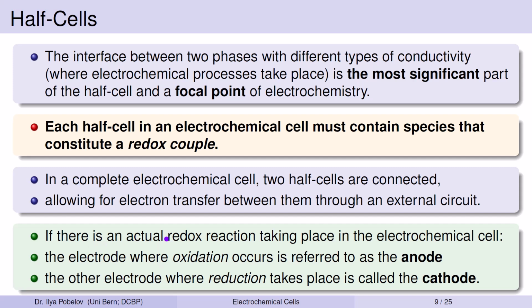As the reaction progresses, electrons released during the oxidation at the anode travel through an external circuit before re-entering the cell at the cathode, where they drive the reduction process.